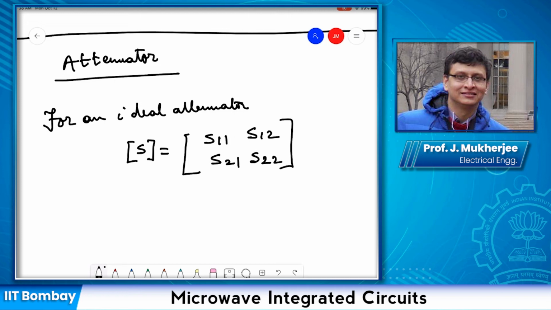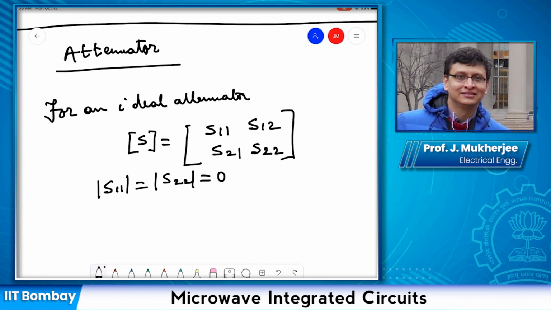First of all, the input and output ports are well matched. So we have S11, S22 equal to 0.